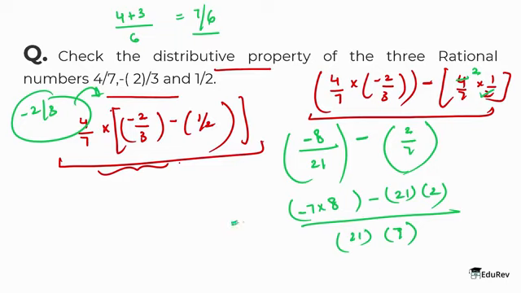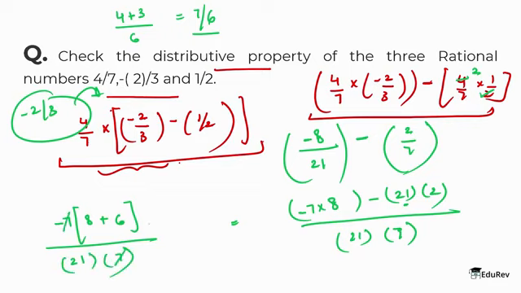So I can take negative of 7 common from both of them. It will be negative of 8 plus 6 upon 21 into 7. 8 plus 6 is 14 upon 21. 7 twos are 14 and 7 threes are 21.